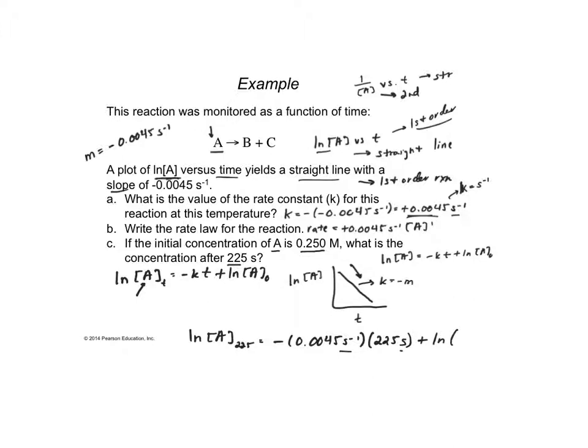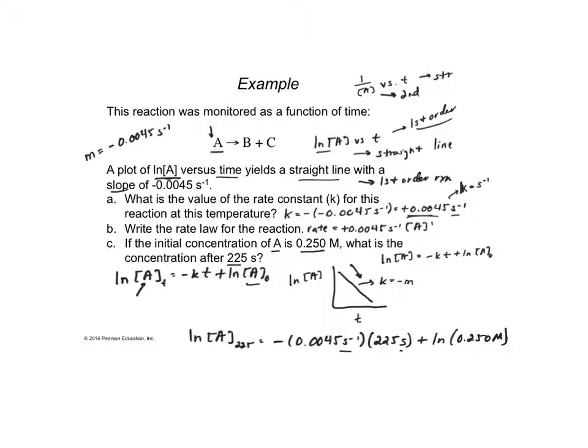Plus ln of the initial concentration of A. They told us that the initial concentration was 0.250 molar. Okay, so now we've got a bunch of numbers. All we need to do is plug stuff into our calculator and solve for things, okay?